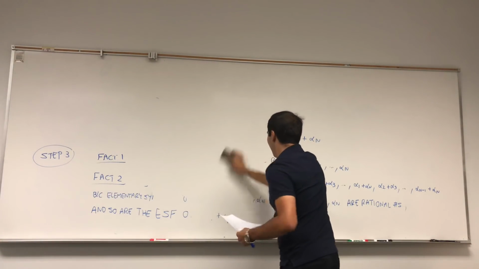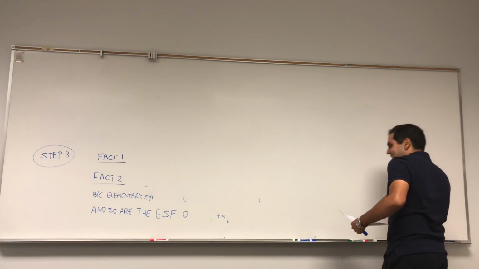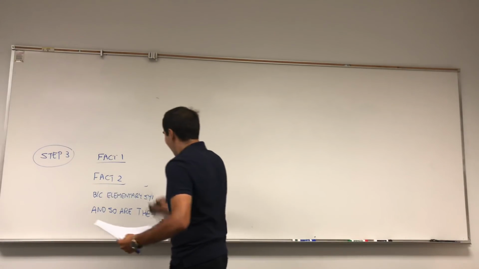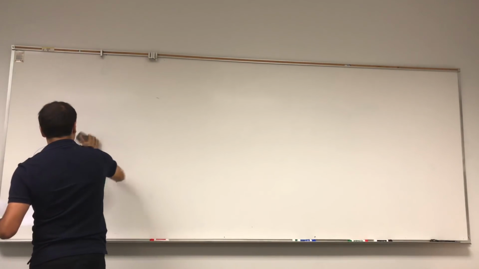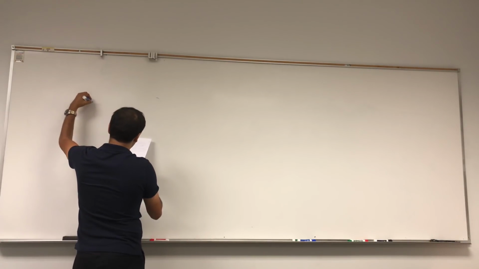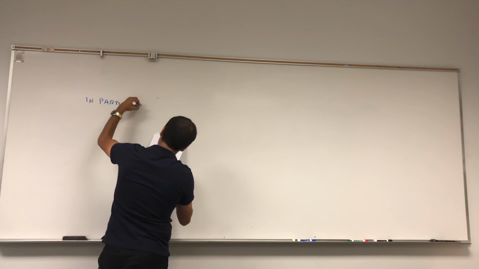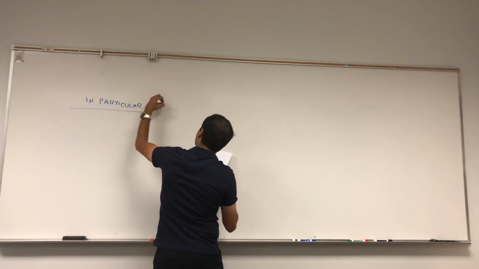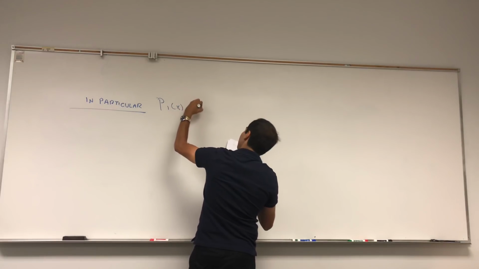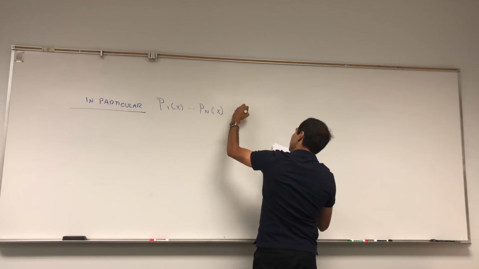If you take the product of those, it solves our problem because it has roots exactly all the exponents of the expressions from before. So in particular, P1 of x up to Pn of x has precisely those roots.